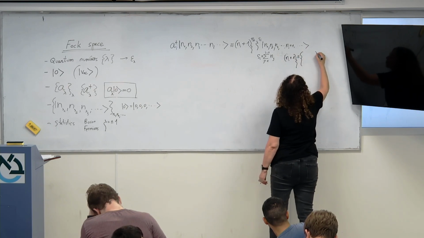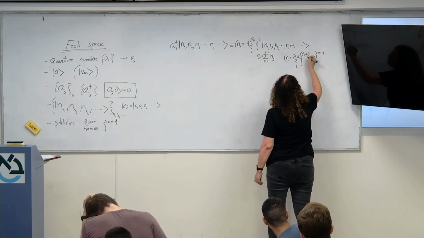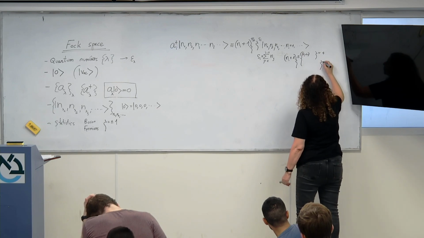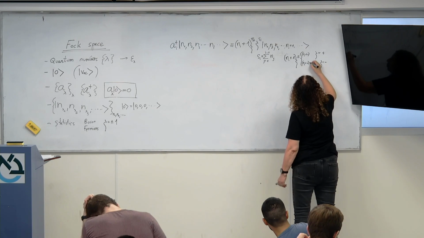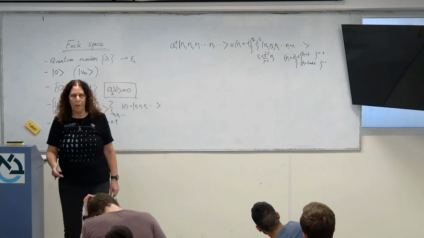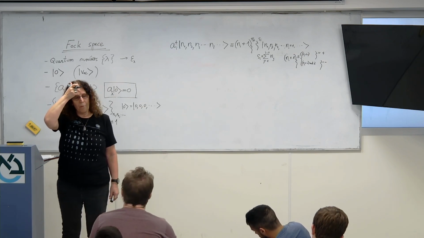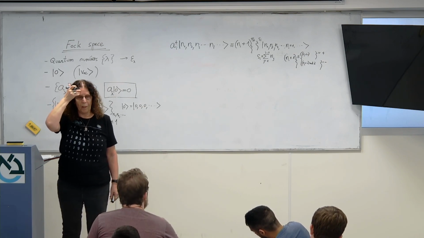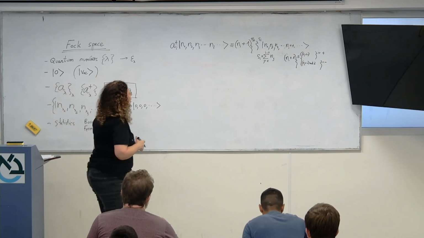For zeta equals plus, it's just ni plus 1, so it's just itself. For zeta equals minus, it's ni plus 1 mod 2. Okay, so that if it's 2, it's 0. And that's how, for fermions, you can never get occupation of more than 1. Okay, so ni's can be only 0 or 1. Okay, that's the distinction.